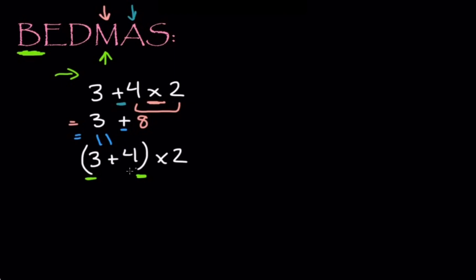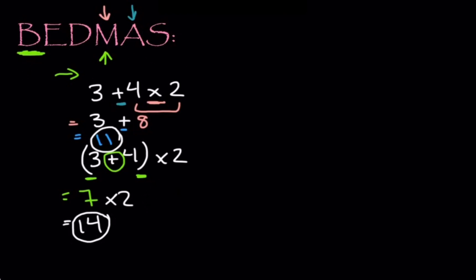But because the brackets are there, we do the addition first, and that would give us 7 inside the brackets, and now we multiply by 2, which would give us 14. You see, just by one bracket, we get two totally different answers. That's why we always need to follow BEDMAS.